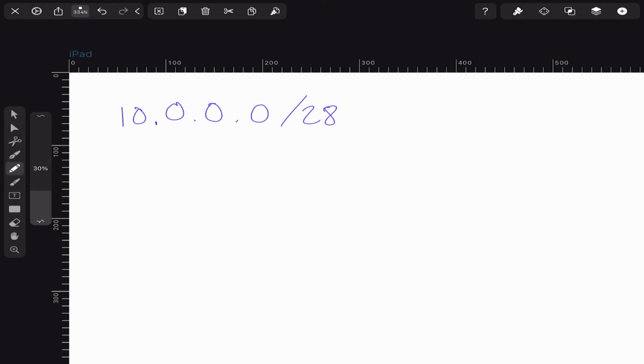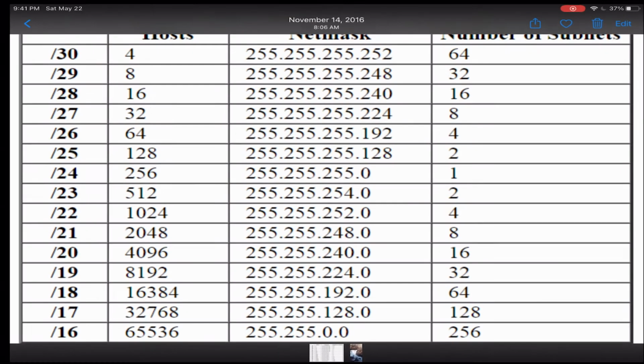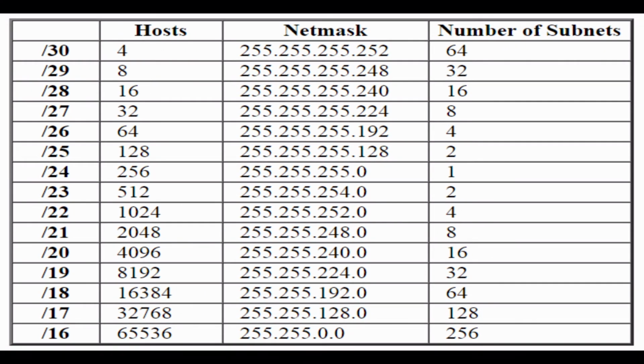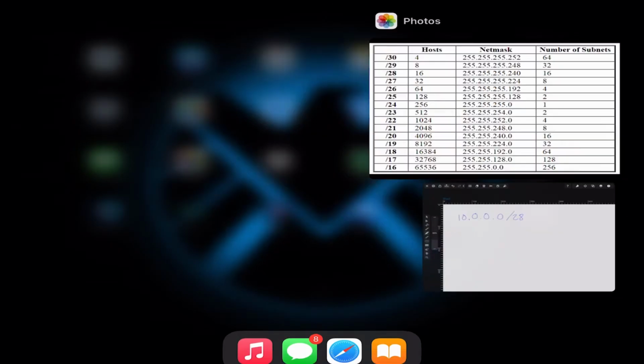So 10.0.0.0/28. That /28 has a subnet mask. Let's figure that out. For /28, you can either use a cheat sheet. There are cheat sheets out there. This is an example of a cheat sheet. So /28 has the network mask of .240.